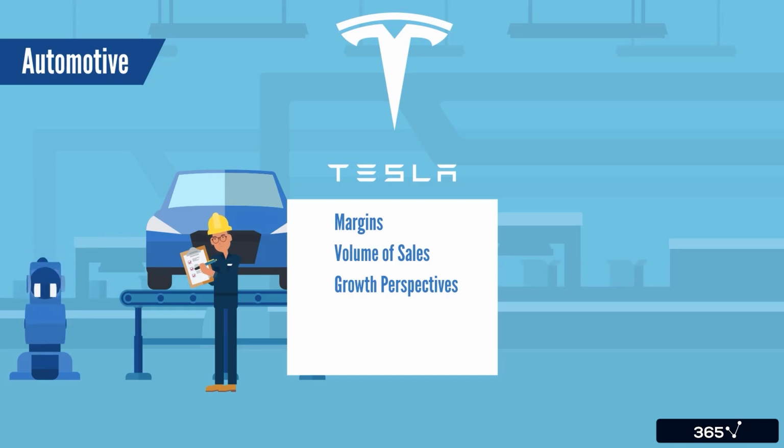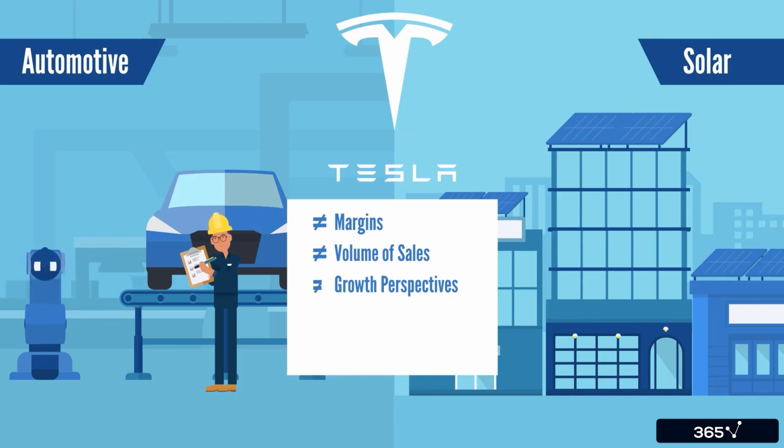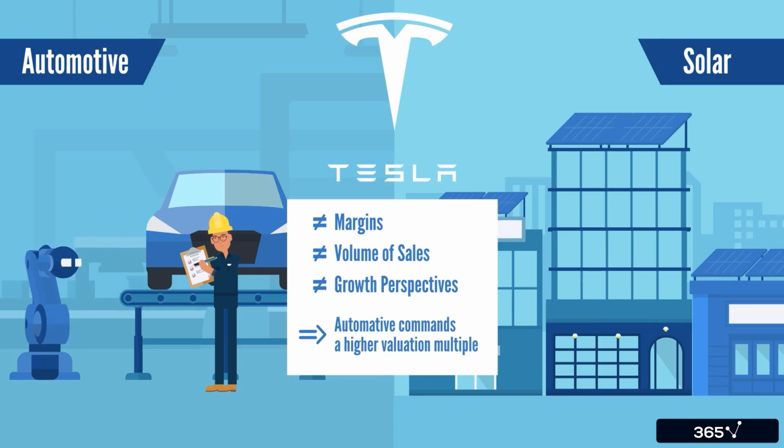In addition, Tesla also has the solar roof and solar panel business. This is obviously very different compared to the automotive division. Without going into particulars, one might expect to see a higher multiple for earnings on automotive, where the company has some strong competitive advantages, and a lower one for the solar business, where there is plenty of competition and brand loyalty isn't as important.